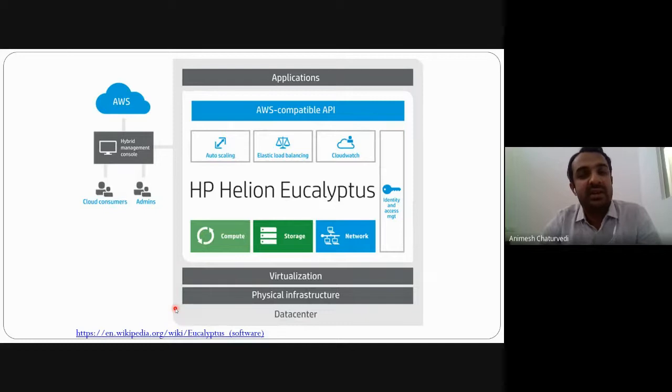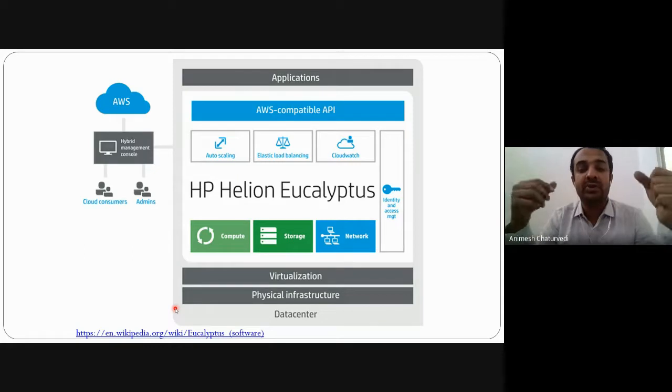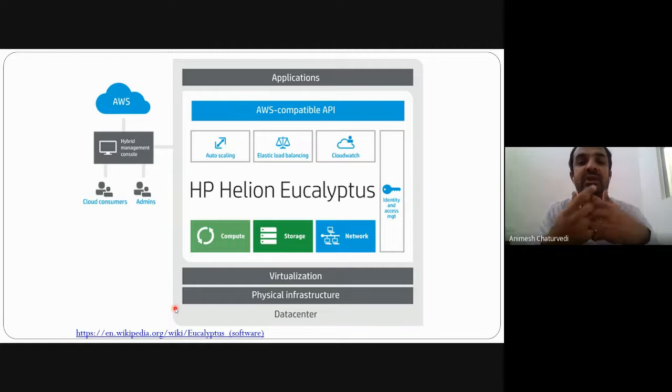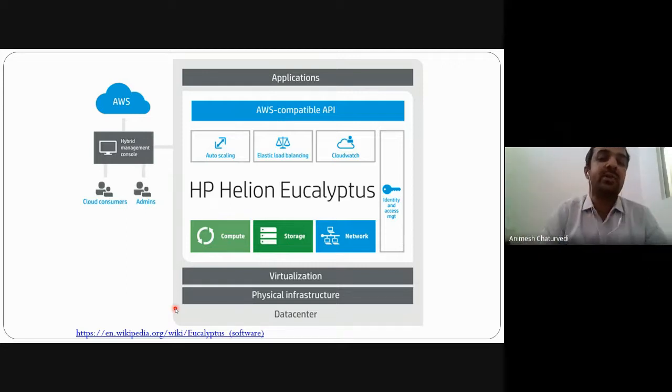Then this is the architecture that we just discussed. You have a data center installed with physical infrastructure, and virtualization has been done with the help of Eucalyptus, which helps you do computation, storage and networking, and has identity management for each user. The Amazon compatible API contains auto scaling, elastic load balancing and CloudWatch, which communicate with the Amazon Web Service Cloud.